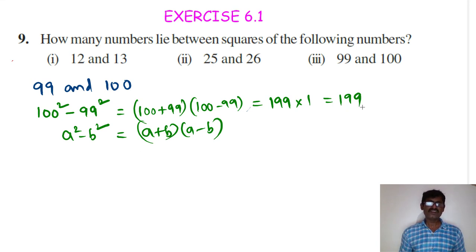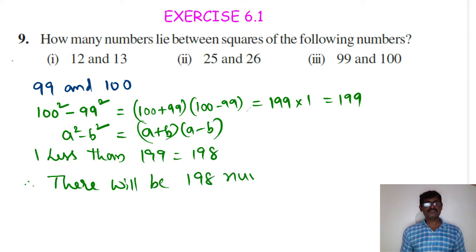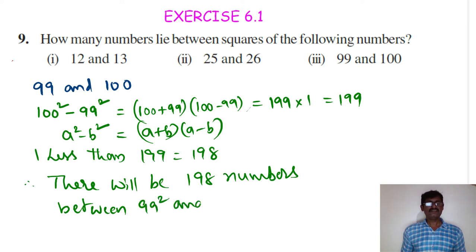So we need to take 1 less than this number, 1 less than 199, which is 198. So therefore, there will be 198 numbers between 99 square and 100 square.